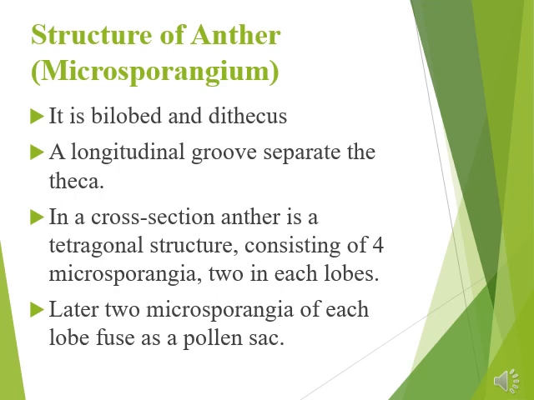The primary parietal layer lies just beneath the epidermis and divides again periclinally to form 3 to 5 concentric layers. These layers give rise to the wall of the sporangium along with epidermis. The sporogenous layer may function directly as pollen mother cell, or it may divide to form many pollen mother cells.